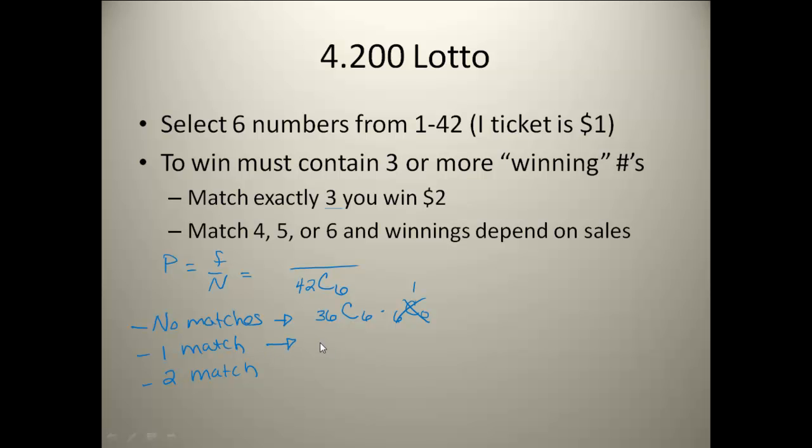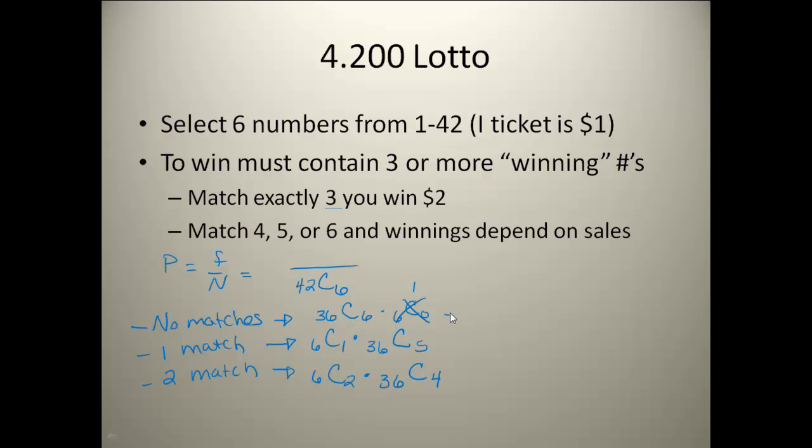Okay, for 1 match, out of the 6 winners, I have to match 1, but then out of those 36 losers, I need to match 5 of them. And then for 2 matches, out of my 6 winners, I need to match 2, and out of the 36 losers, I need to match 4.